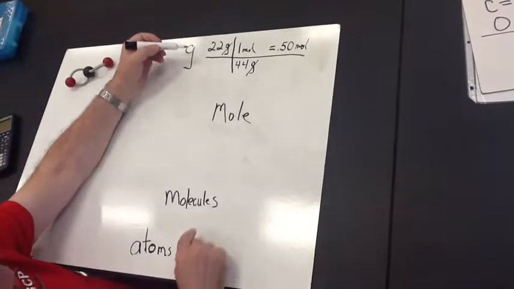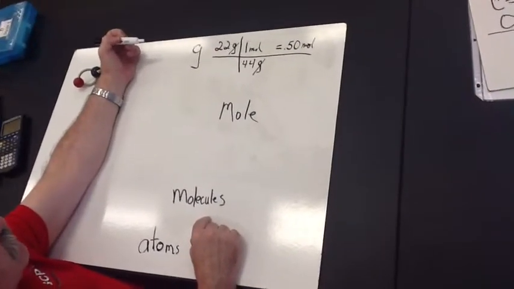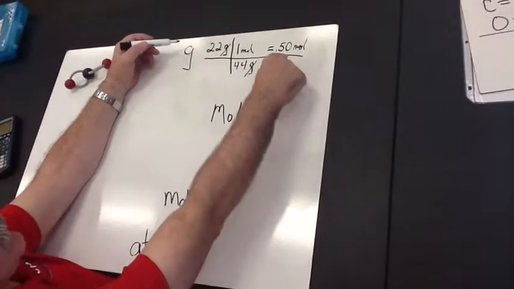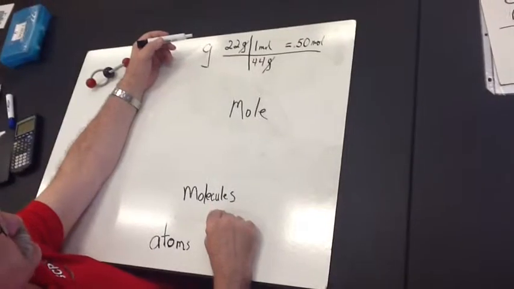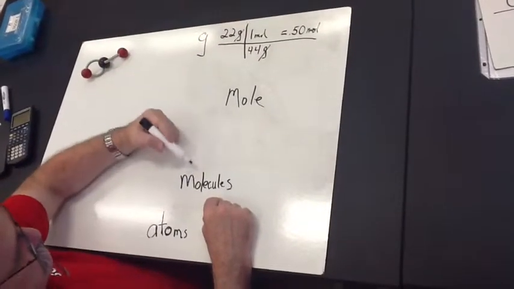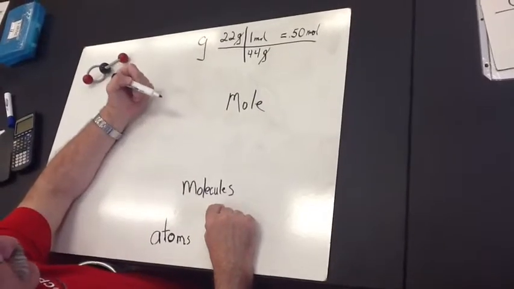But this 1/2 mole isn't giving us all the answer. We wanted to know how many molecules that 22 grams had. So it turns out we have to relate that 1/2 mole to molecules. And we know the relationship between molecules and moles is Avogadro's number.